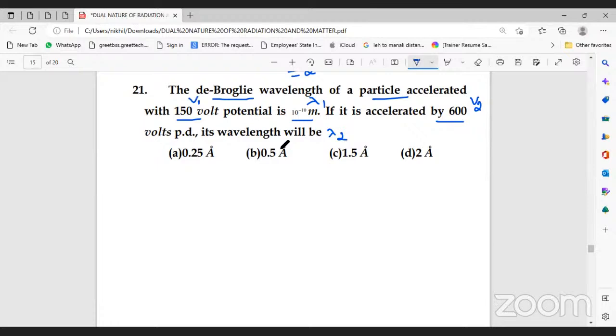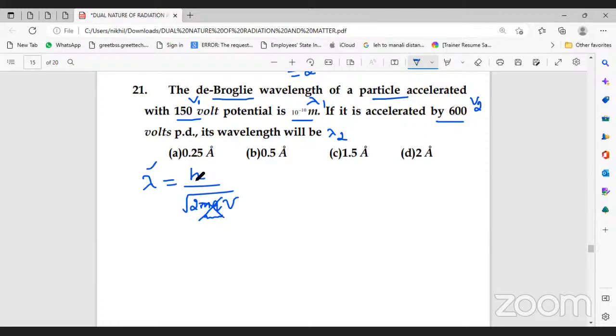Now, what is the de Broglie wavelength in terms of potential? Lambda is h by root of 2mqV. They are talking about the same particle for both the cases. For both cases, mass and charge are the same, so these two are equal.